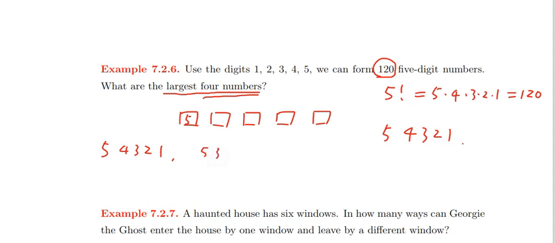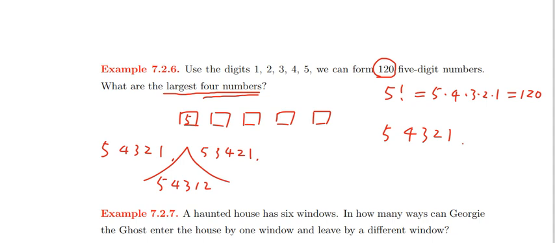Then the next ones. We also can have 5, 4, 3, 1, 2, right? So maybe this is the second one.